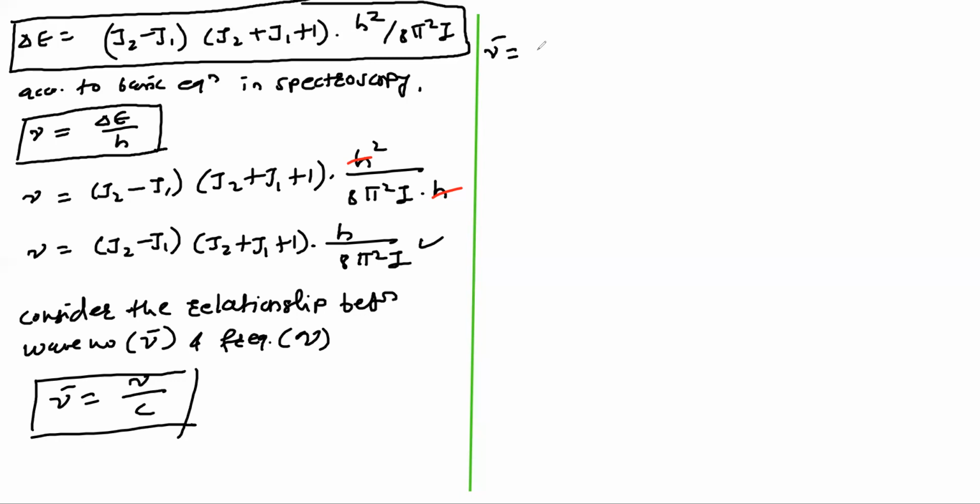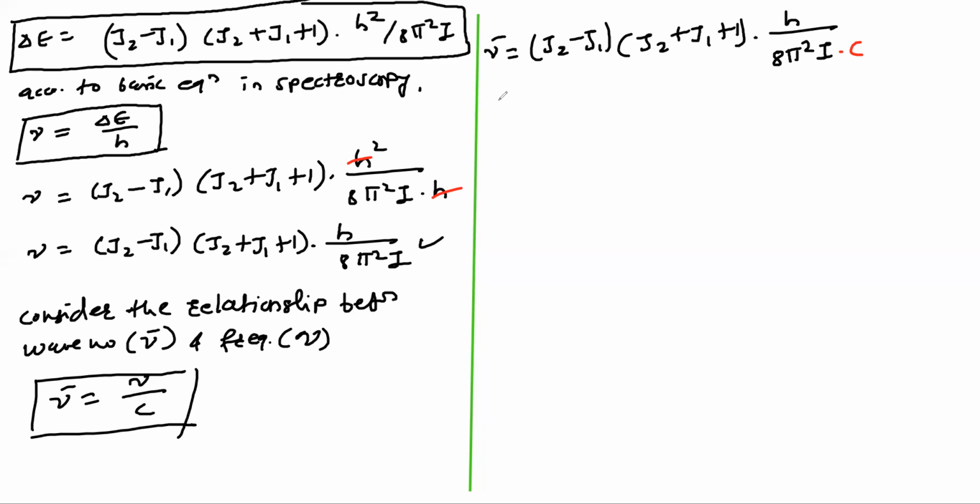So again we can write down here: J2 minus J1, J2 plus J1 plus 1 times h upon 8 pi square I, and next is c.